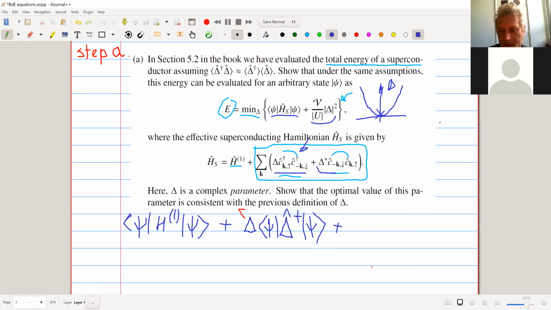Then I need to deal with this term, but it's rather trivial because it's just the complex conjugate of the term which I have written earlier. So that would be delta conjugated, and I want to take the expectation value of the conjugated operator.